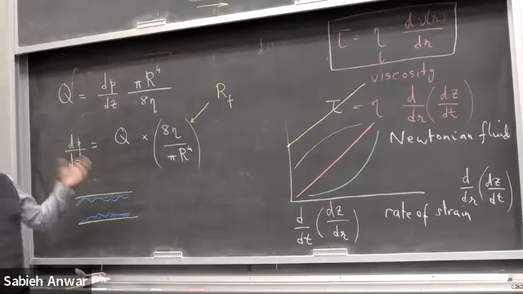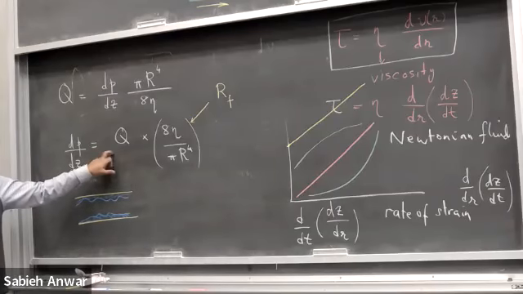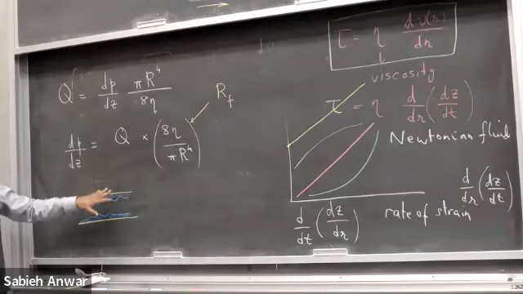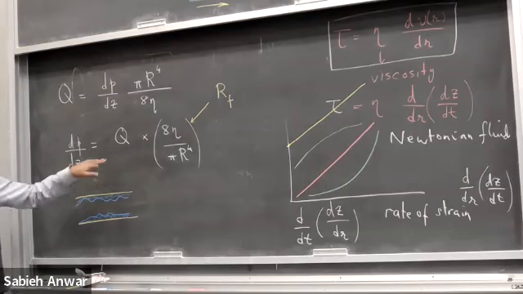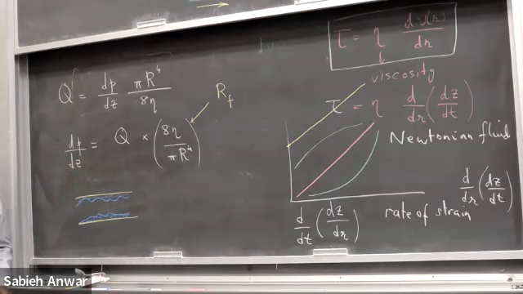So for the same blood to go, for Q to remain constant, because this determines how much oxygen is needed downstream, for Q to remain constant so that your body parts get the appropriate amount of oxygen, this pressure gradient has to go up. There's a control mechanism which makes the pressures go up.